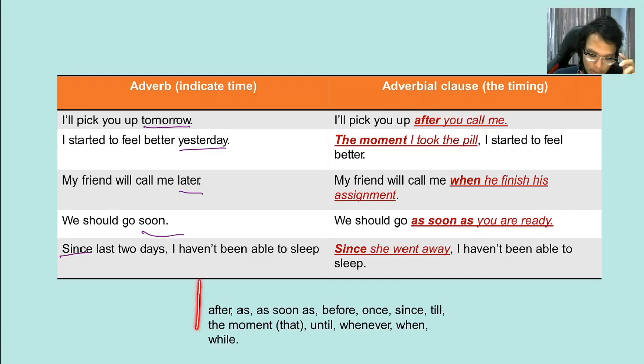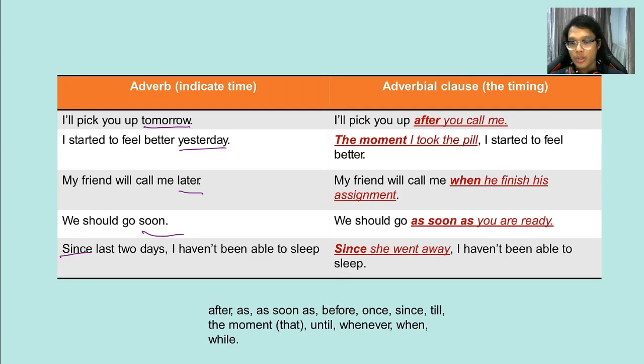Here are the examples. You can use after, as soon as, before, once, since, till, the moment that, until, whenever, when, and while. So here are some more examples of the connectors, conjunctions that you can use in a sentence.